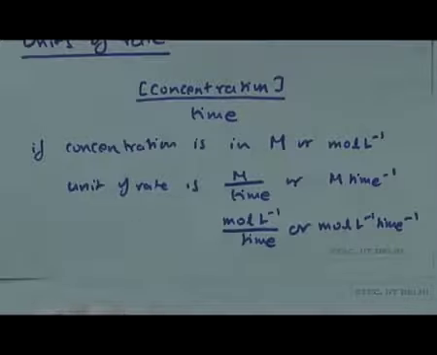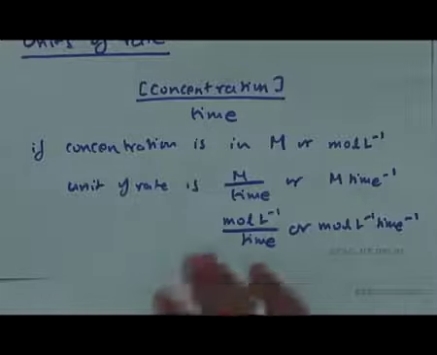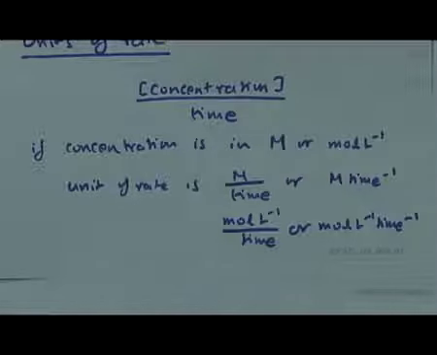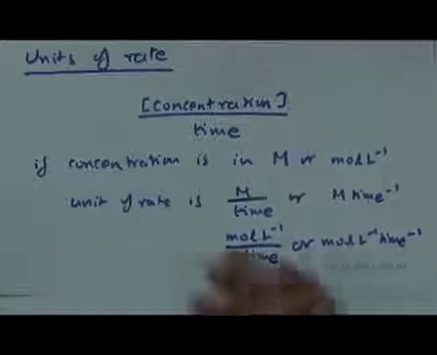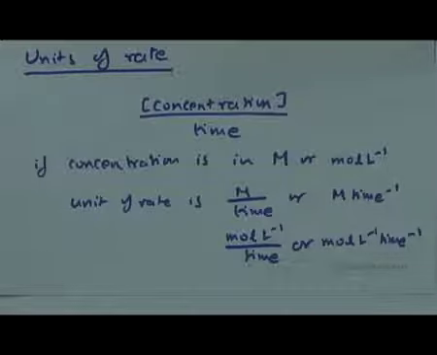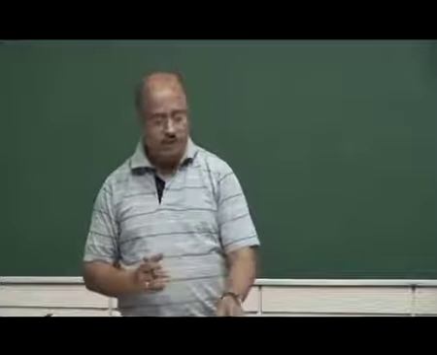Remember, time can be seconds, minutes, or hours, depending upon the type of reaction you are studying. So, this is how the units would be written if the concentration is expressed in molar units.